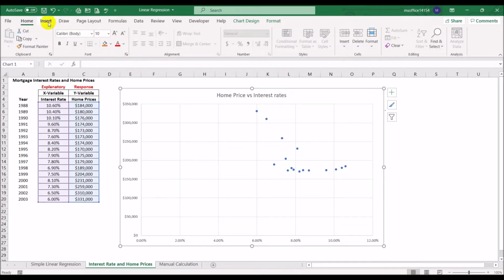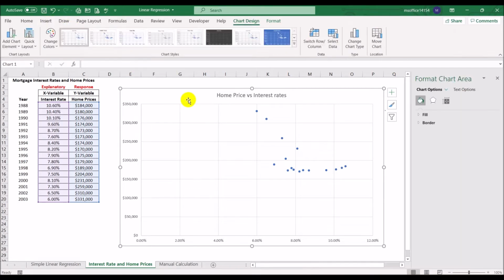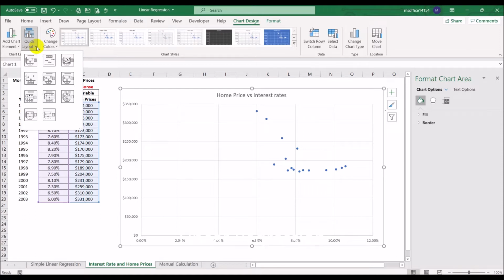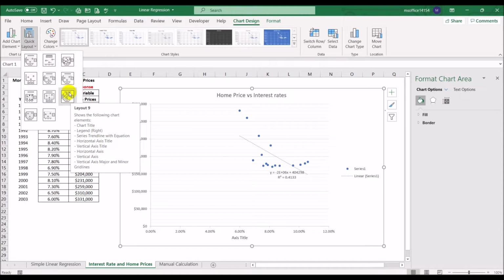So in order to do that, if I double click on the graph, you have what is known as a quick layout. What this does is allows you to do it automatically. So I'll select this one here.